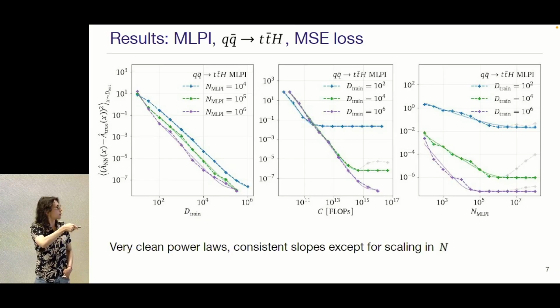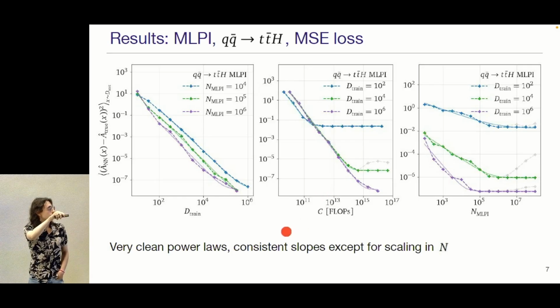So finally, the results. Here you see the performance, the mean squared error of each training, and the scaling dimension. In each plot, there are 3 different curves where we also move in a secondary dimension. Here you see the scaling on dataset size for a network with 10 to the 4 parameters, 10 to the 5, and 10 to the 6 parameters.